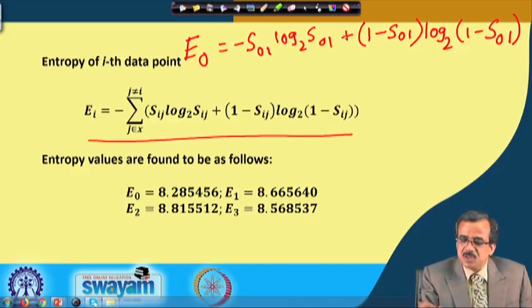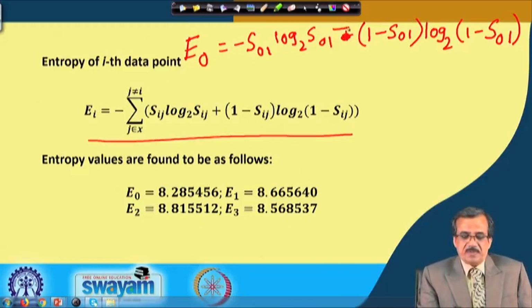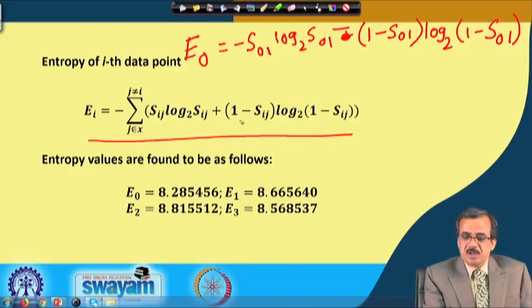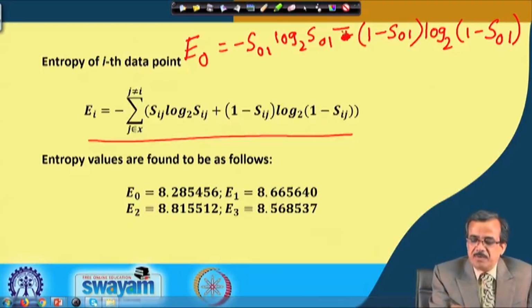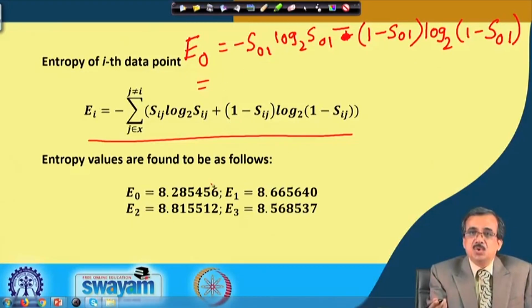And here actually this should be your minus, because minus is outside. So, if I write separately here, that will be minus. Then I will have to write down j equals 2.